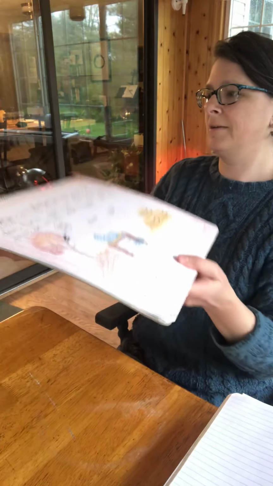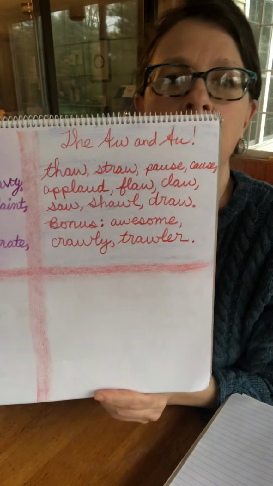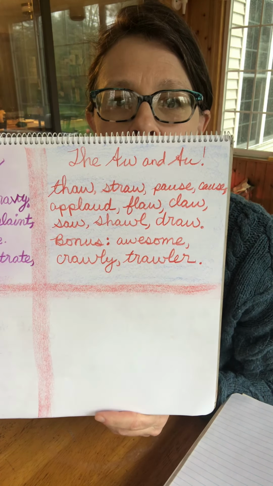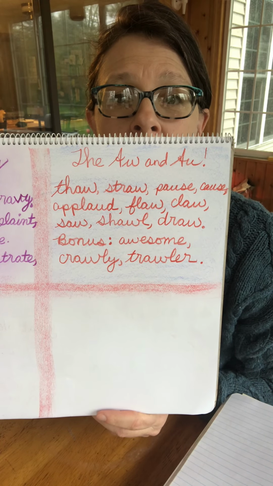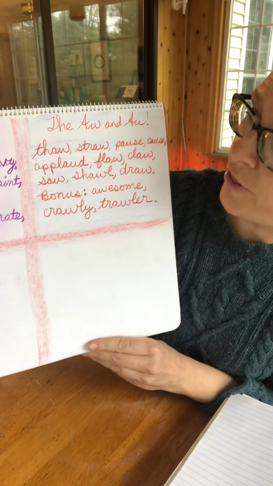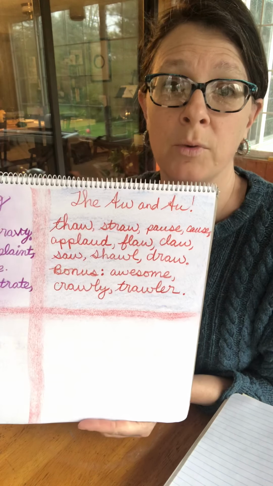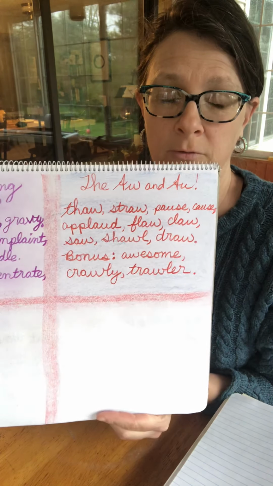Now we're going to look at them in our books. And you're going to put my example words in your books. So there they are, the AW and AU words. The first one is the word thaw, and that was in our language arts book when we put in the practice page to review the rule.